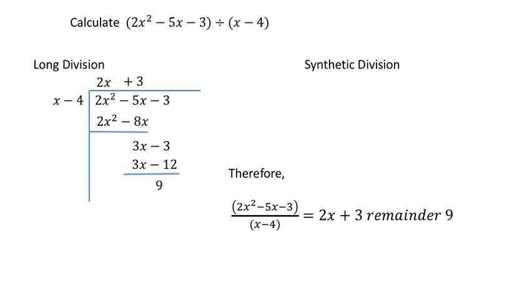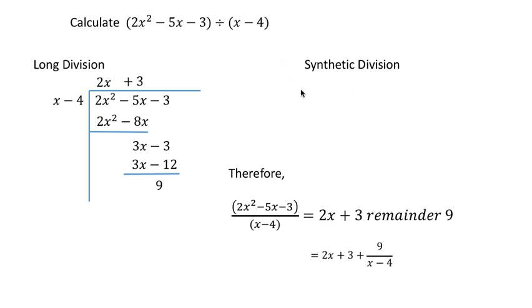The smartest way to write that is 2x plus 3 plus 9 over x minus 4. Just like when you do it with numbers, you've got a fraction here, 9 whatevers. Well, here the whatevers are x minus 4s.